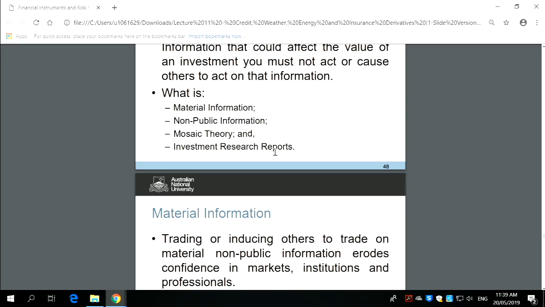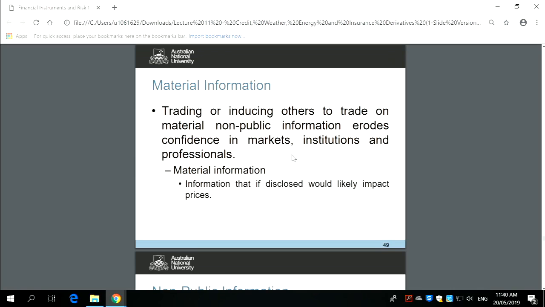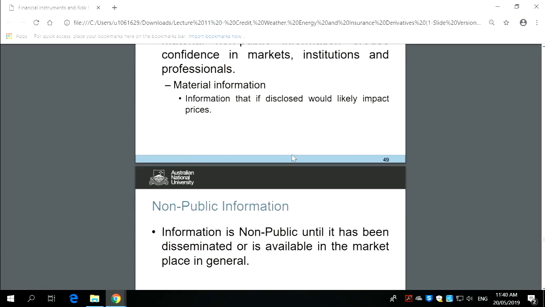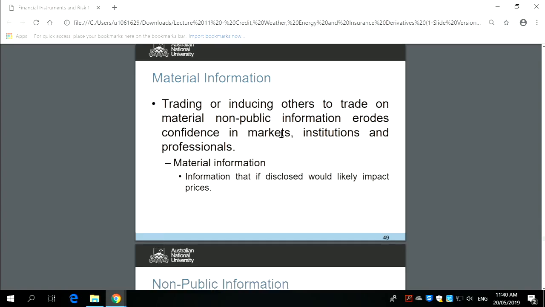Most likely the analyst is gathering public information and producing the recommendation report, so you can form your buy, sell, hold decision based on it. Basically, you shouldn't be trading on non-public material information, because that's insider trading. In Australia, you go to jail for that.